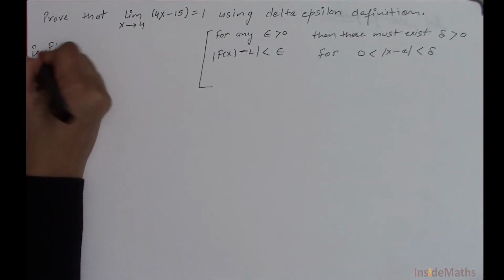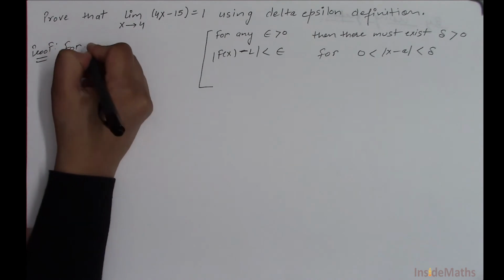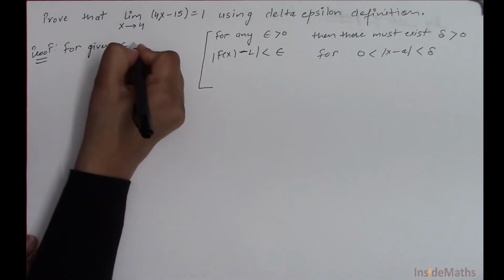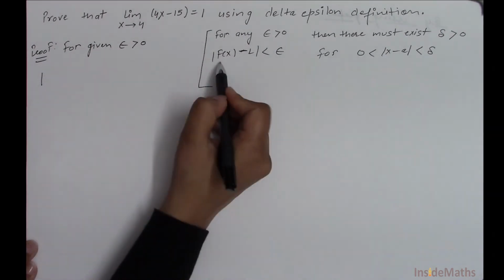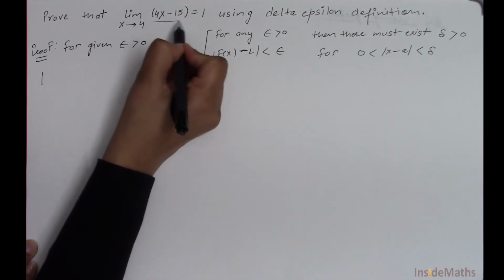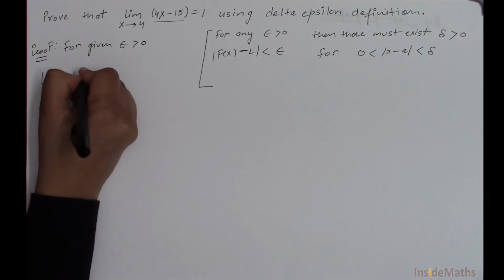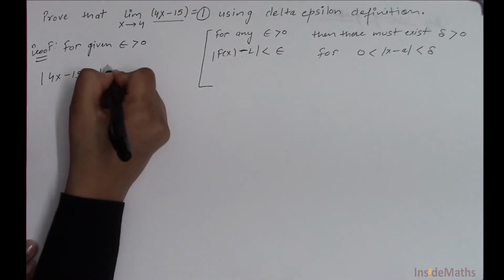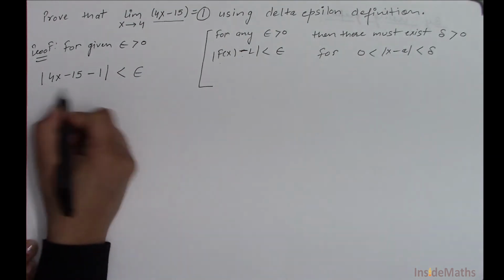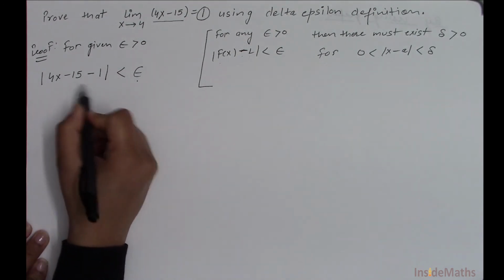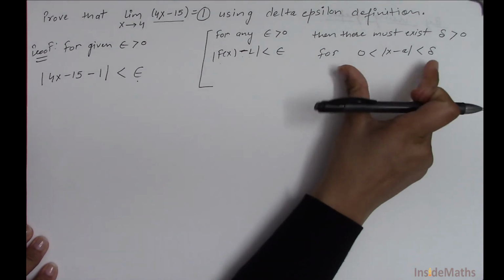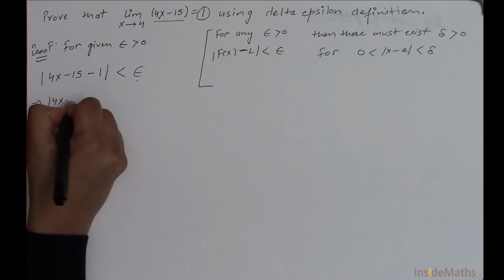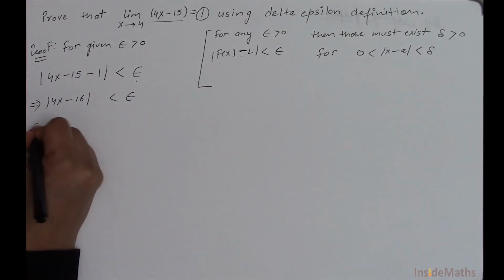So let's take any given epsilon greater than 0, and magnitude of f of x minus L. So f of x is 4x minus 15, minus L, which is 1. If this is less than epsilon, then we must be able to find something like that. So this becomes magnitude of 4x minus 16 is less than epsilon.